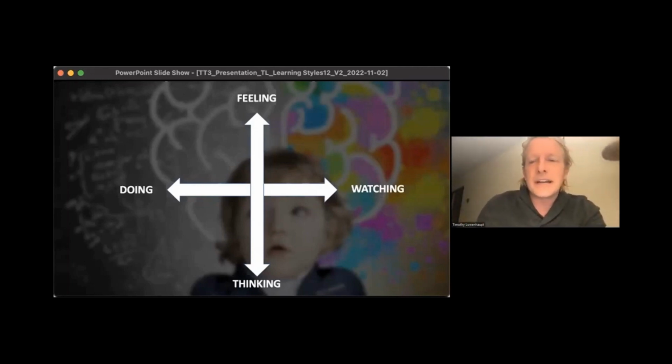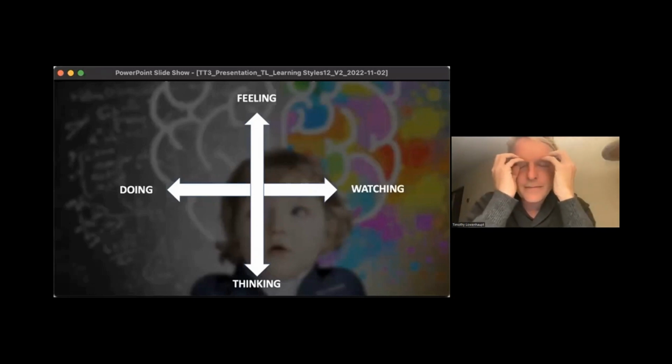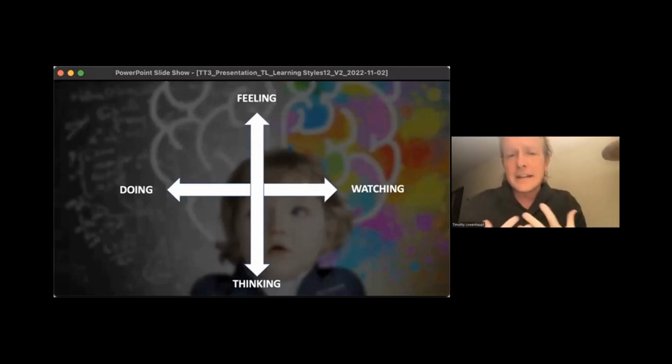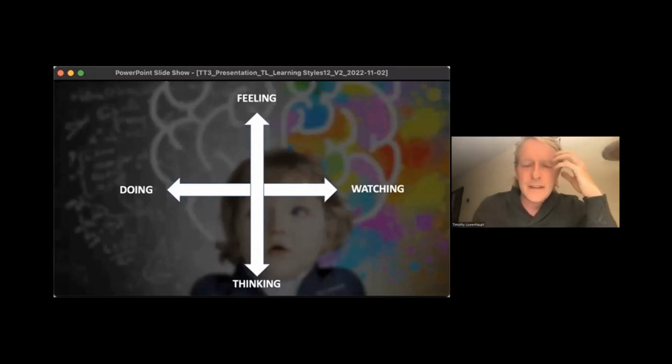Or they do it by doing. They actually have to do it. They have to go and sit and meditate. They have to go and practice the four steps, okay? And then to process the information in their body, in their mind, either they have to feel it, or they have to think it. They have to analyze it.